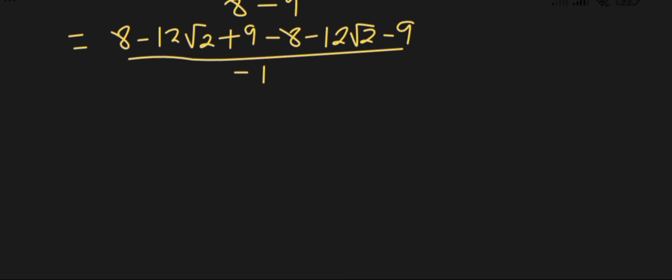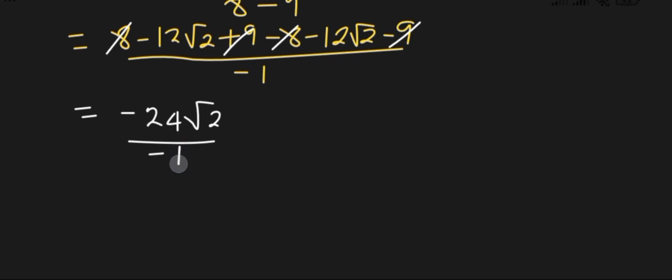And when the like terms are grouped together, 8 and negative 8 will go out. Positive 9 and negative 9 will also go out, leaving us with negative 12 root 2 minus 12 root 2, which is negative 24 root 2. That over minus 1, leaving us with 24 root 2 as the final answer.